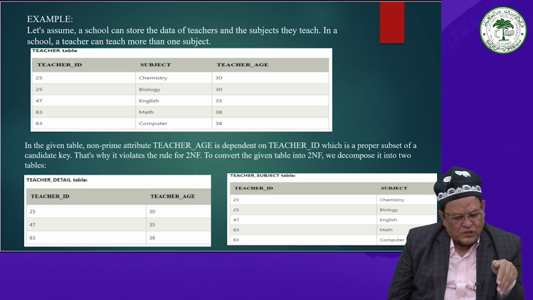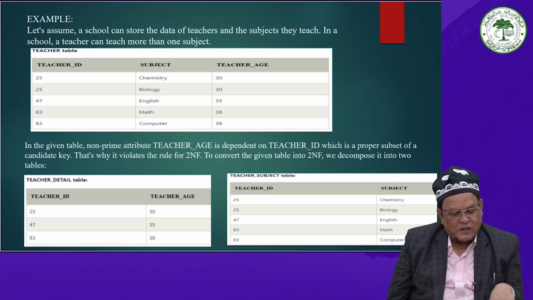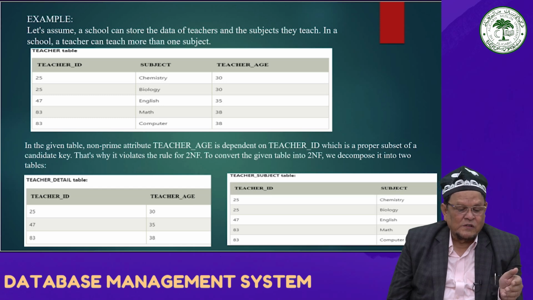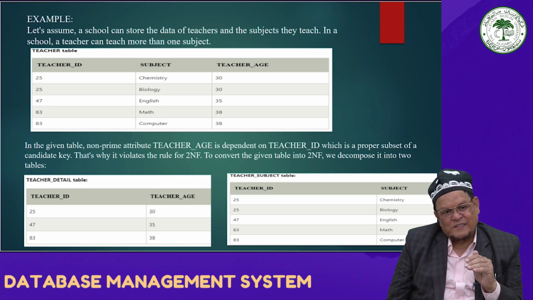So here the teacher IDs are 25, 26, 47, 83. Teacher ages are 30, 30, 35. If a teacher teaches many papers, no problem. But if you want to find the age of the teachers, you only need the teacher ID. In the previous example, for teacher ID 25 there are two rows in the table, so redundancy is there in the teacher's age.